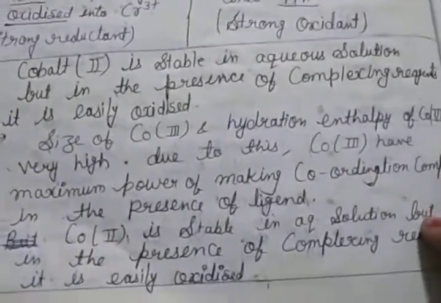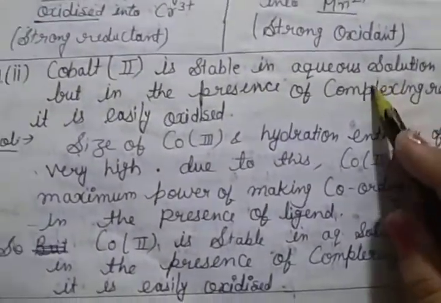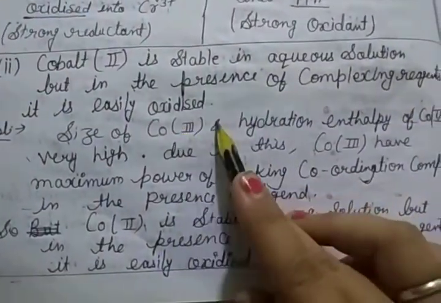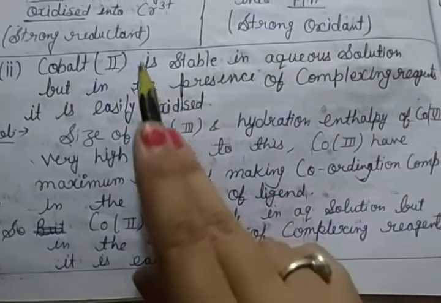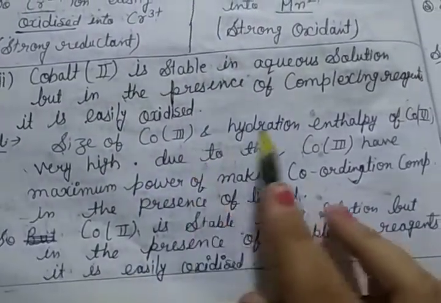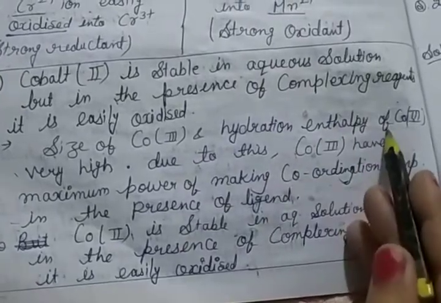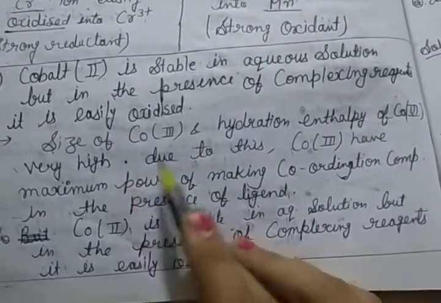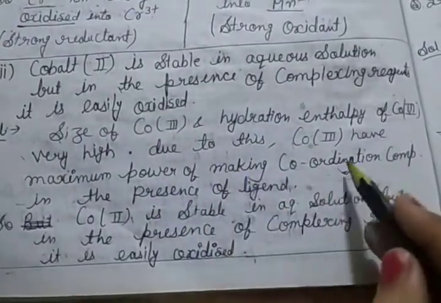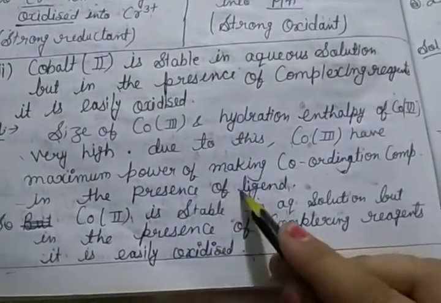Then the second one: cobalt 2 plus is stable in aqueous solution, but in the presence of complexing reagents it is easily oxidized. The hydration enthalpy of cobalt 3 plus is very high, and cobalt 3 plus has the maximum ability to form coordination compounds in the presence of ligands.